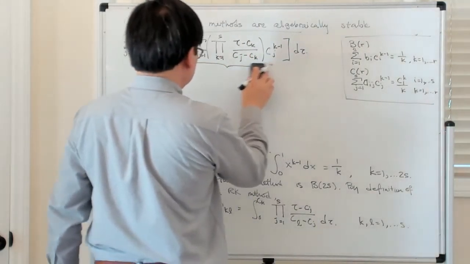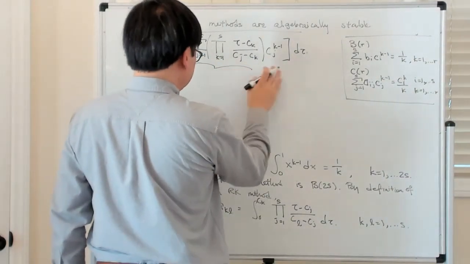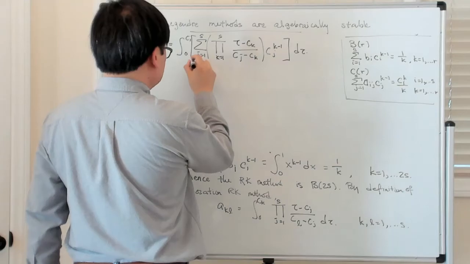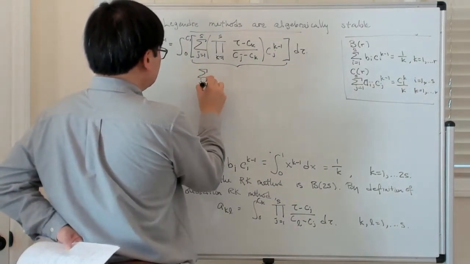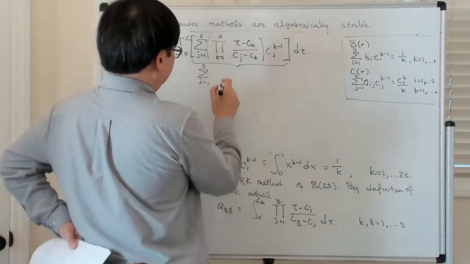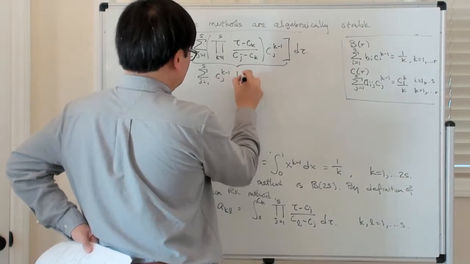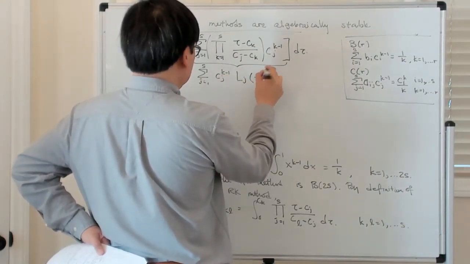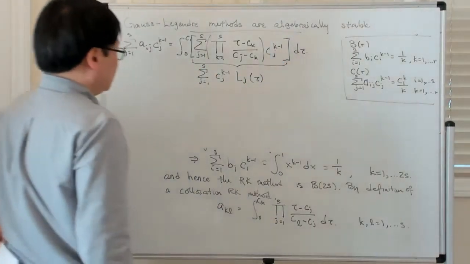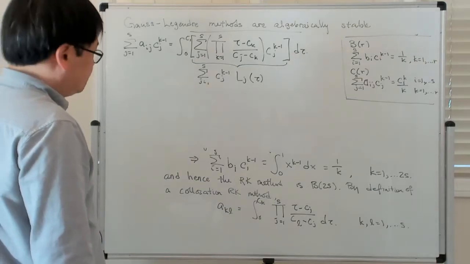So this thing here is the sum from j equals 1 to s of Cj to the k minus 1 times the Lagrange polynomial at the jth position, tau, and the whole thing I'm integrating from 0 to ci with respect to tau.